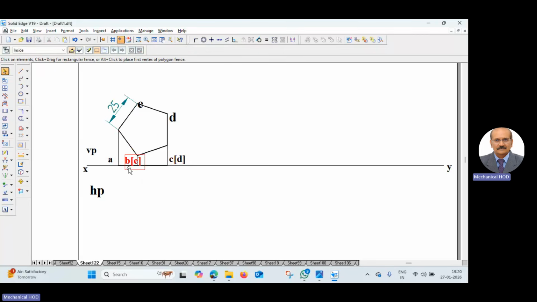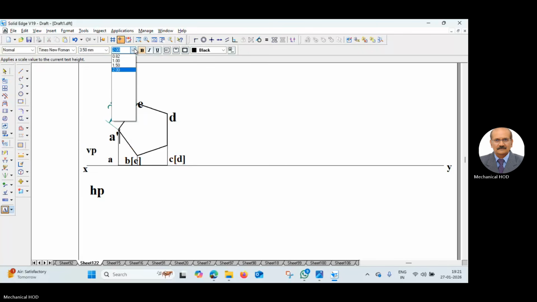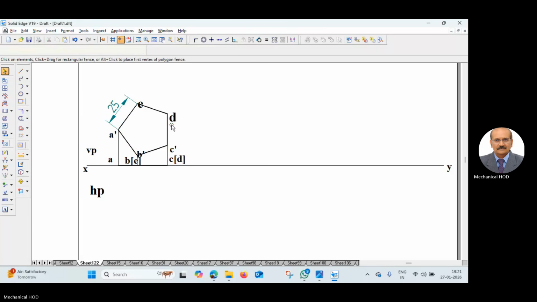In the front view we have to actually write an alphabet with a dash. So I'll write this is A dash. Here comes B dash, C dash, D dash, and E dash.